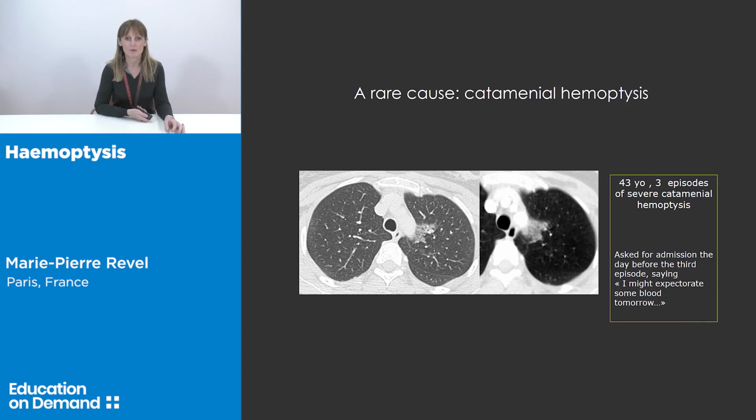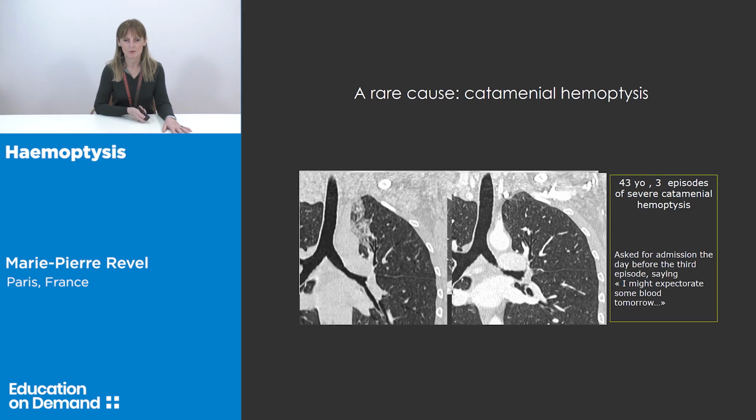She presented a very severe bleeding, and on the chest CT performed just after this bleeding, we demonstrated the presence of ground glass opacification, which resolved within 1 week. In this case, treatment is not embolization, but suppressive hormonal therapy.